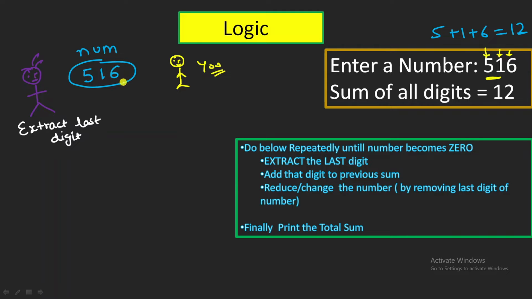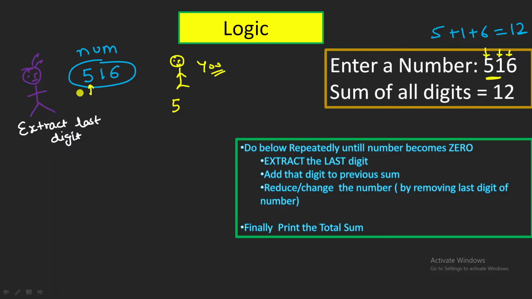Then you can ask your friend for help. Your friend says, I'm giving you the first digit of this number, this is 5. He takes out this 5 and gives it to you. Then you say, okay, I have 5.